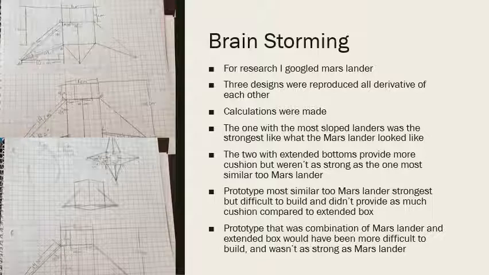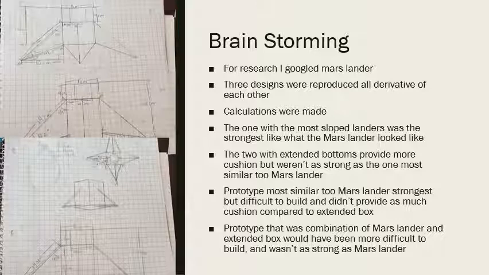Some advantages to the extended bottoms were that for one of them it was easier to solve as it had strictly 45-degree angles, which made it easier. Additionally, it had more material to cushion the fall, so it would absorb more of the energy instead of just transferring it straight to the egg. However, these designs were not as strong as my Mars lander, as I like to call it.